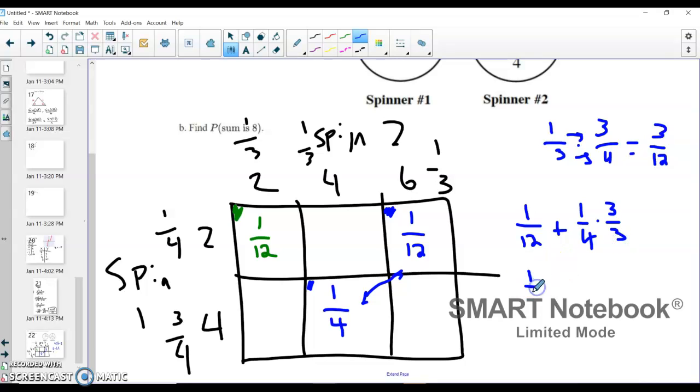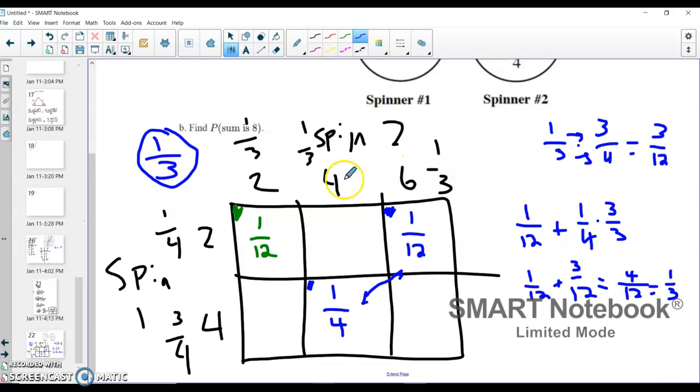So I get 1/12 plus 3/12, which I could have kept in this form, but that's all right. Adding these fractions, add the numerators, keep the denominators, so this is 4/12, which reduces down to 1/3. So there is a 1/3 chance, and that would be your answer for B.